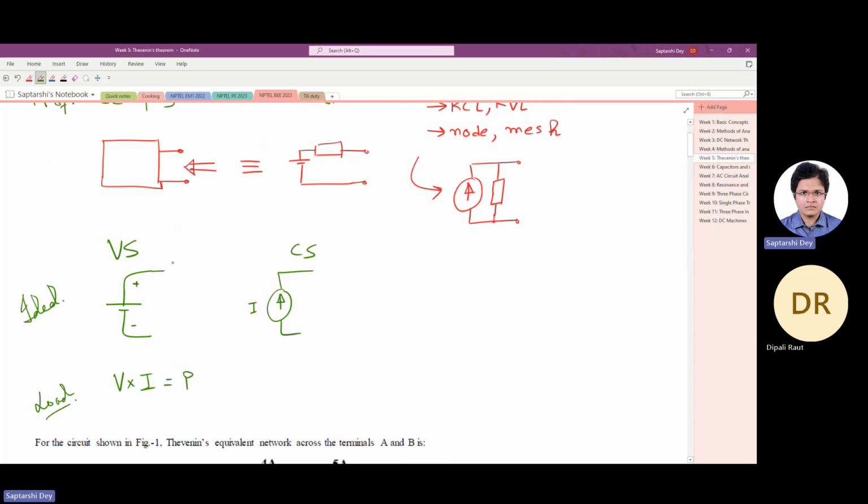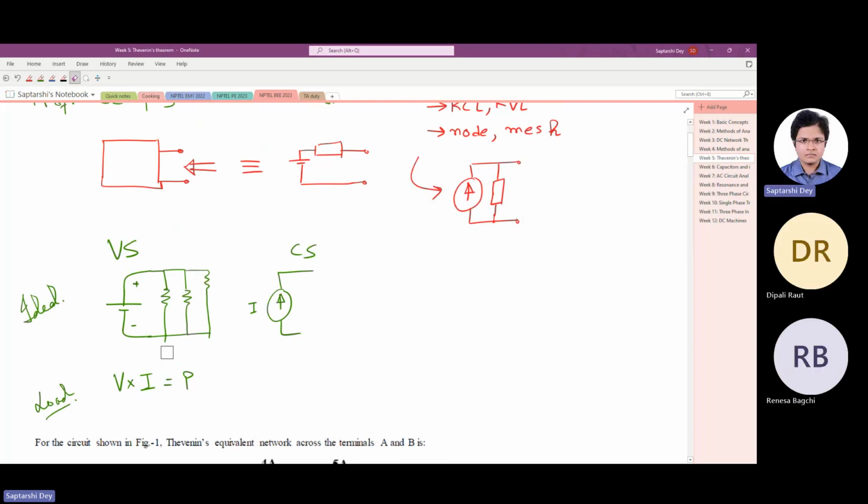Now if you keep connecting the loads in parallel like this, what happens? V stays constant, but I keeps increasing. So with increasing load, current keeps increasing. As a result, power keeps increasing, but the voltage is constant.